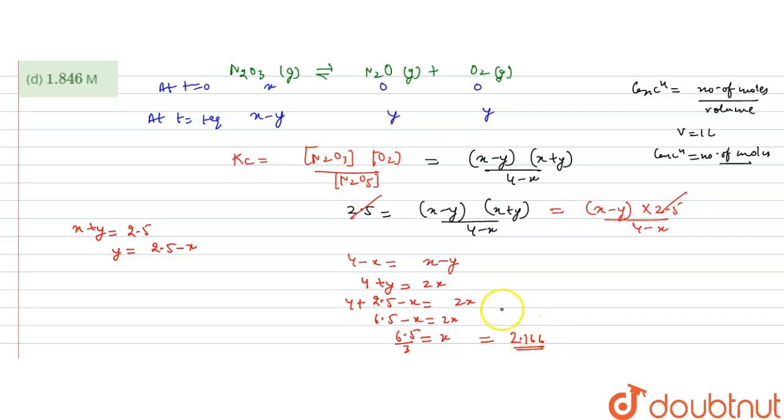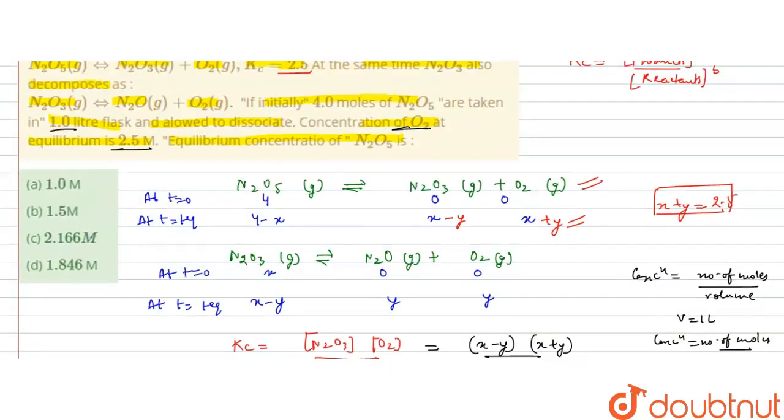So this is the value of x, but we have to find the equilibrium concentration of N2O5, and this concentration is 4 minus x, because the volume is 1 liter, so number of moles is equal to concentration.